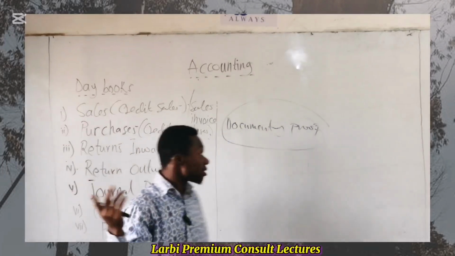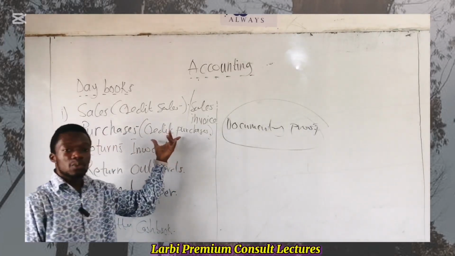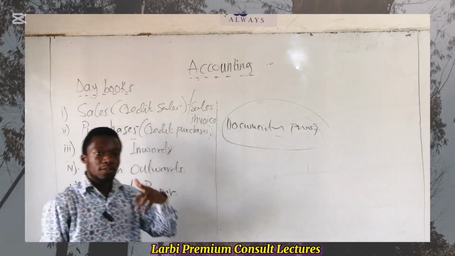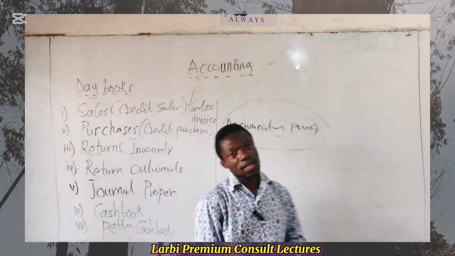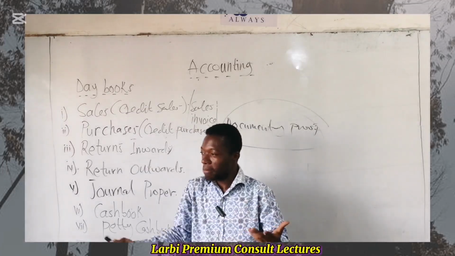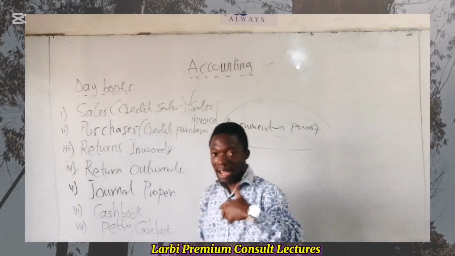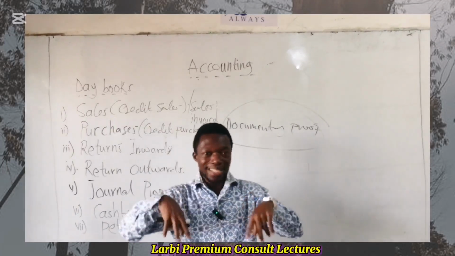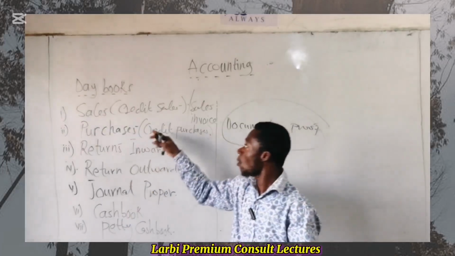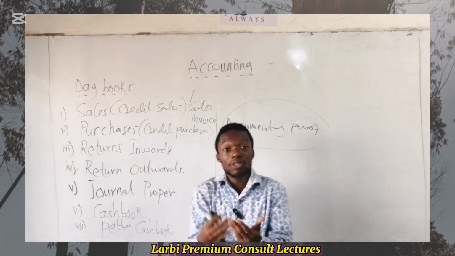What do you mean by credit purchases? This happens where the business receives an item on credit from suppliers. For instance, let's say we engage in buying toffees, and our suppliers supply us with a lot of toffees, but we did not pay at that time. This is what we call credit purchases, because we have received it on credit.